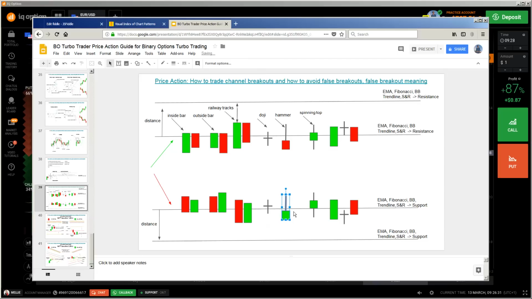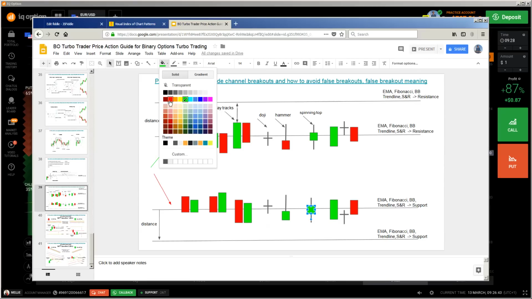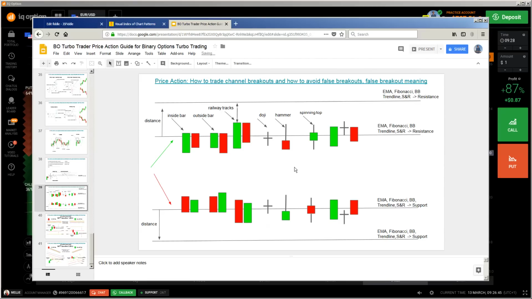It's important that you understand that if you see something like this and the distance to the next major key level is greater, it might be only a fake breakout, and this is how you identify it. And the only thing you can do is wait for a pullback to understand that there is really a breakout, because this one here could also be longer.